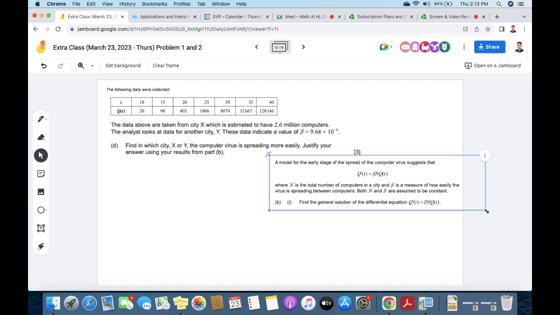You read first the question and then try to find the word that is what you are to find. So we are to choose between X and Y according to what? According to which between the two does the virus spread more easily?